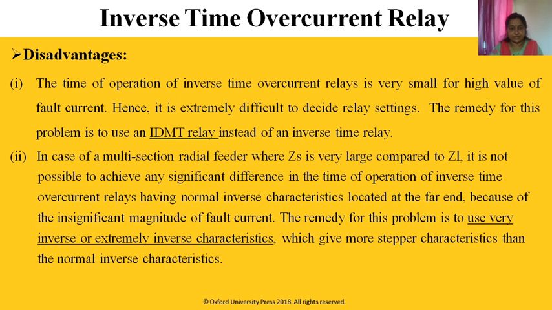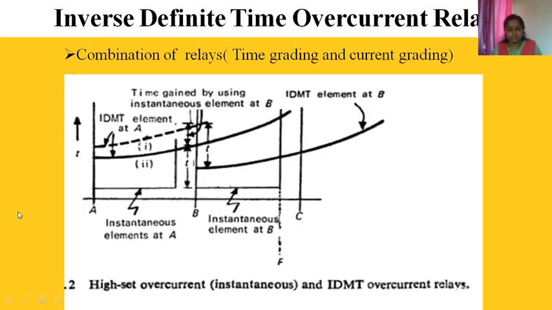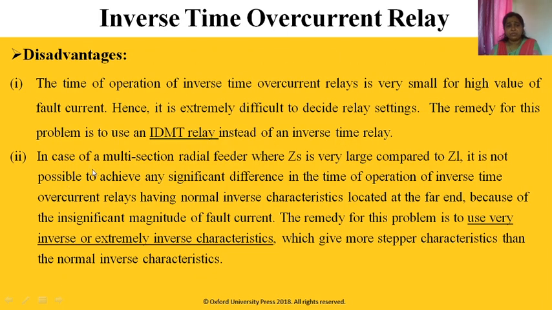We can see this. Look here, this is a combination of time grading and current grading. This is instantaneous relay and this is IDMT relay. In case of multi-section radial feeder, ZS is very large compared to ZL.